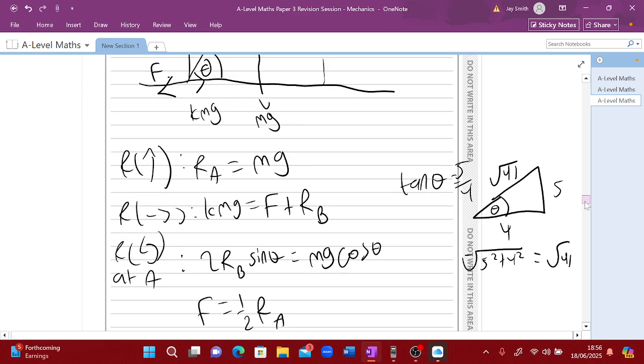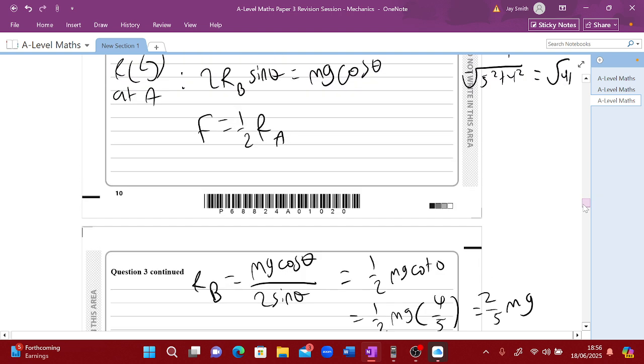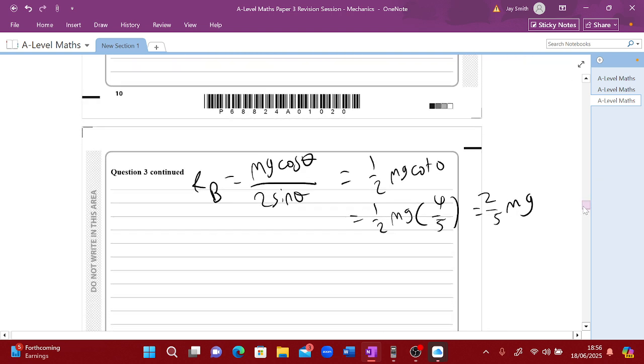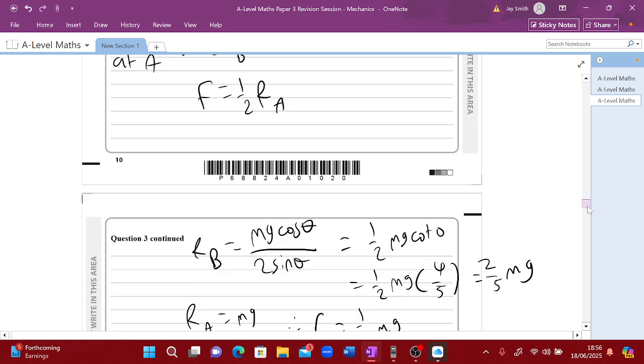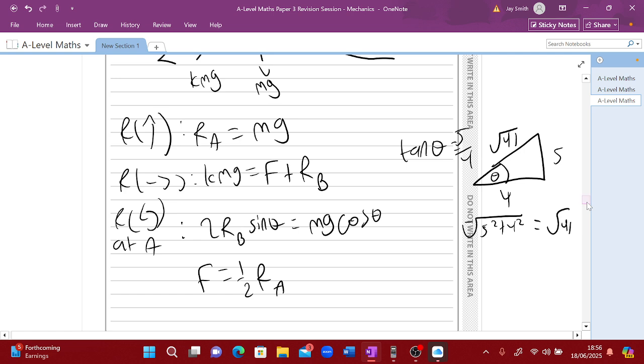We also know RA is mg. So therefore, the friction is going to be a half mg because F is a half RA, as we see here. And we know RA is mg. So then we're just left with the final equation.